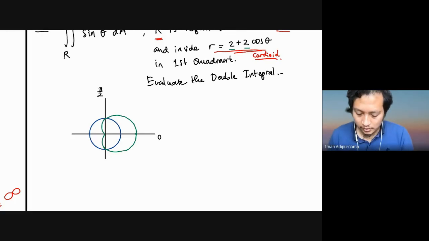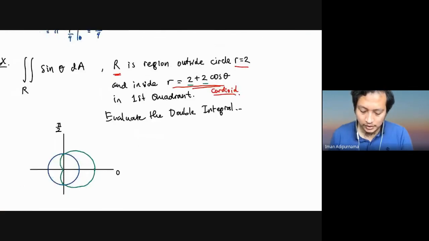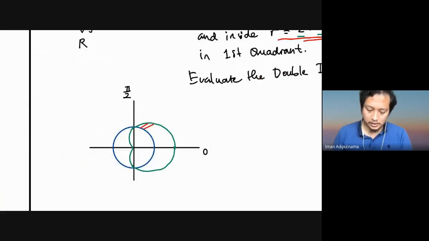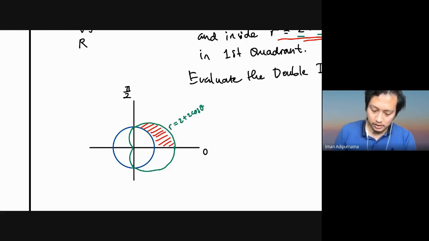And then outside the circle, inside the cardioid, but only in the first quadrant. First quadrant means only here, when sine and cosine are both positive, right? So this is r equals 2 plus 2 cos theta, and this second one is r equal to 2.